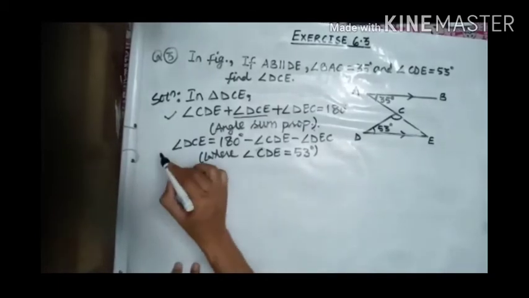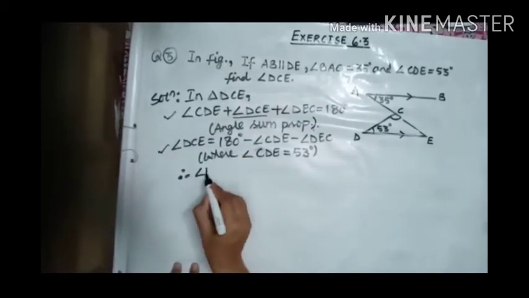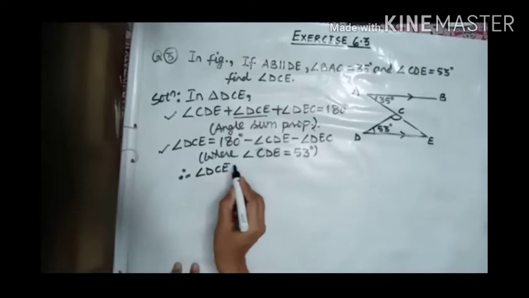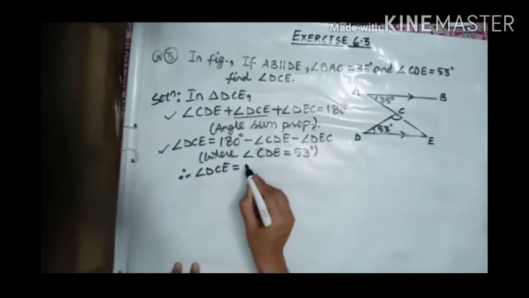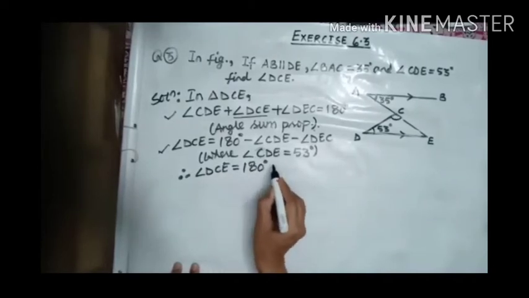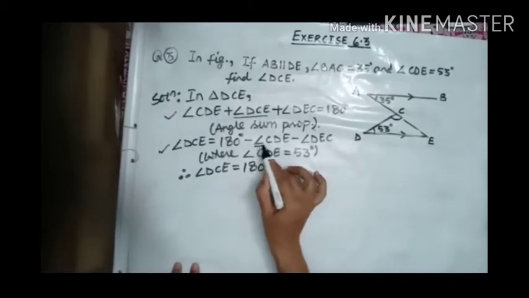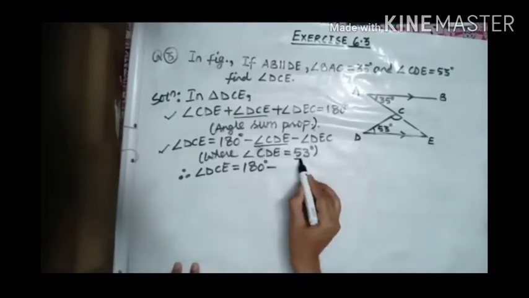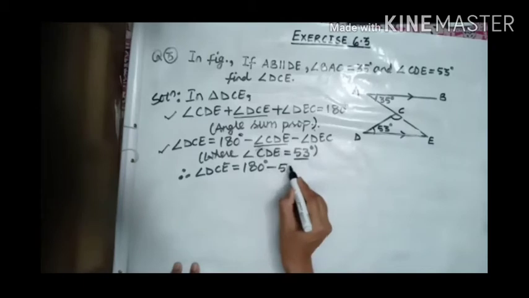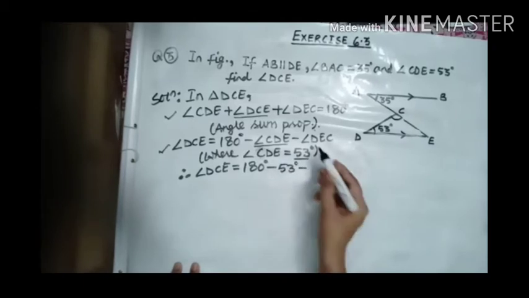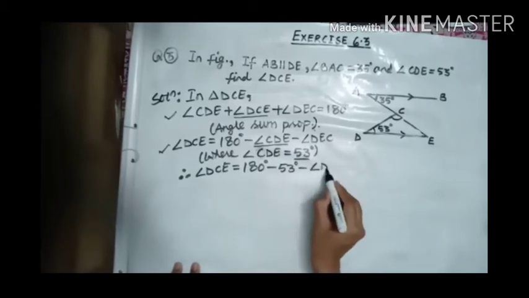Therefore, angle DCE equals 180 degrees minus angle CDE, we use 53 degrees, minus angle DEC.